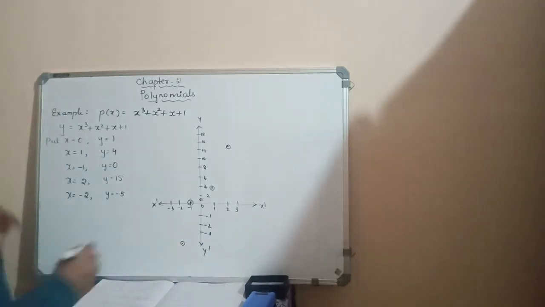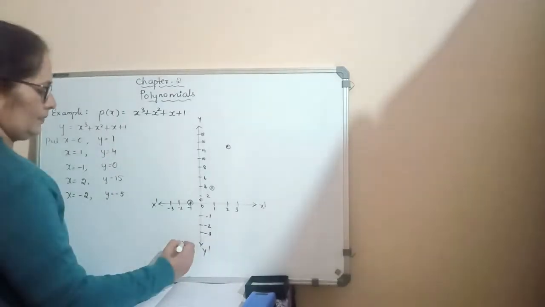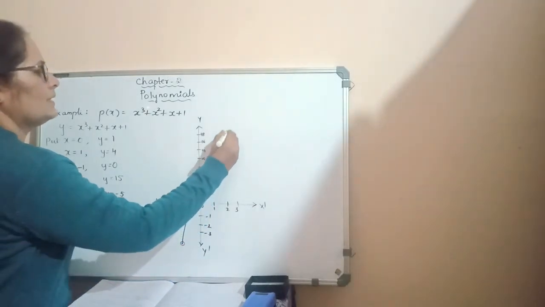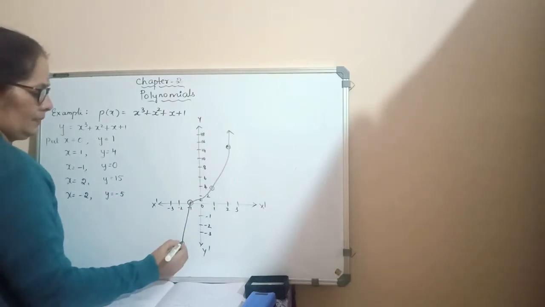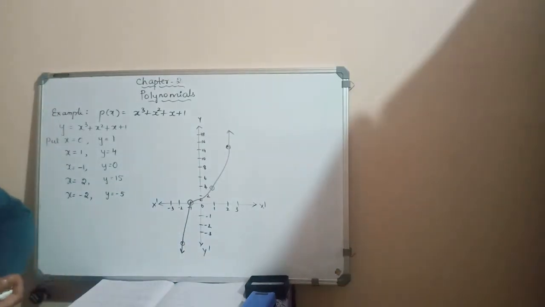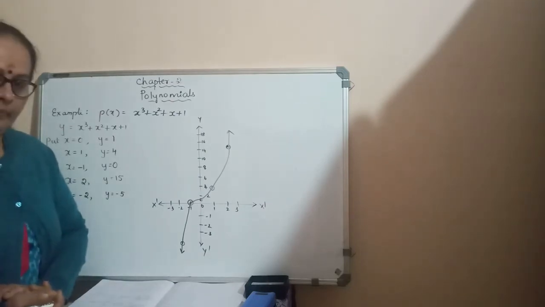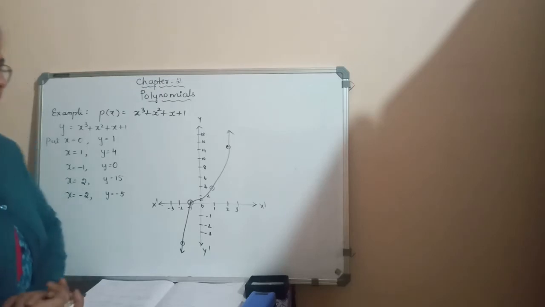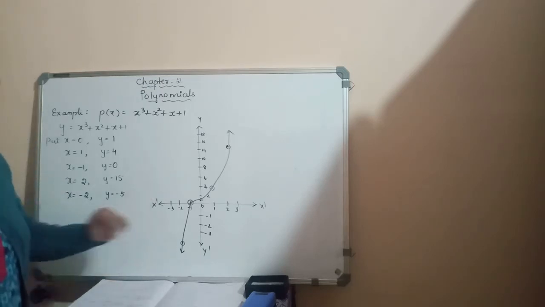Now join these points. See here, the graph of a cubic polynomial is a curve. For a quadratic polynomial, we got a parabola, but here we get only a curve.